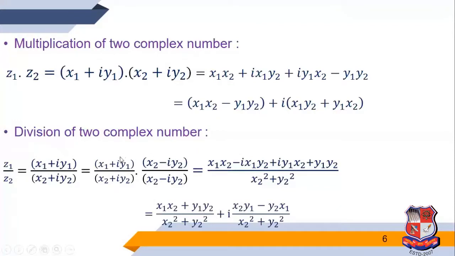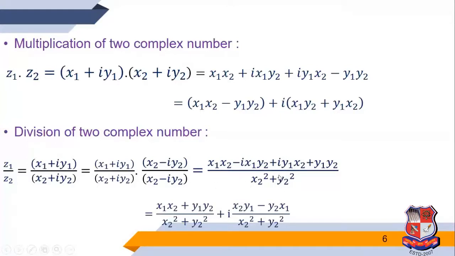Now in the numerator we multiply both terms, then we get x1 x2 minus i x1 y2 plus i y1 x2 plus y1 y2, and then in the denominator, the (a + b)(a - b) formula we know is a square minus b square. So x2 square minus i square y2 square. i square is minus 1, so minus minus plus y2 square.